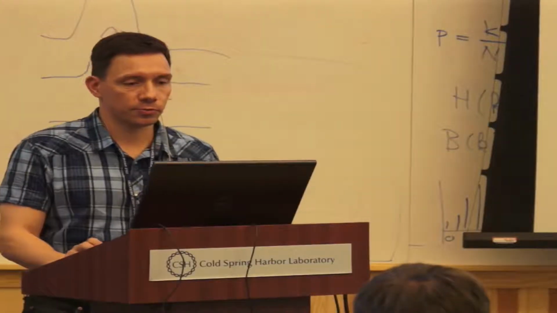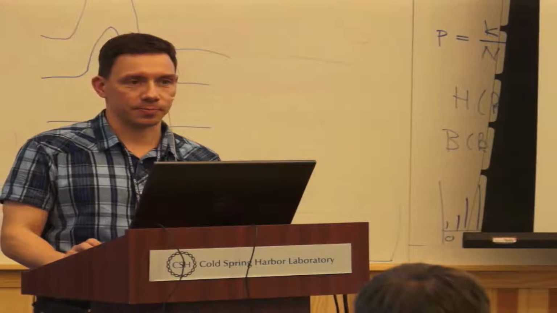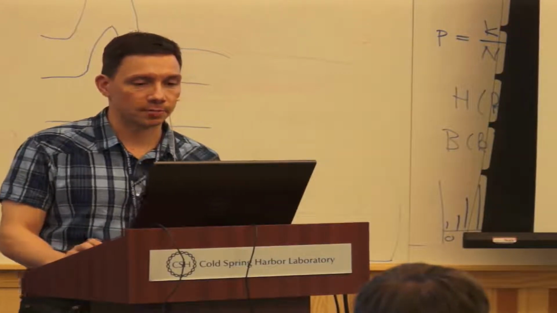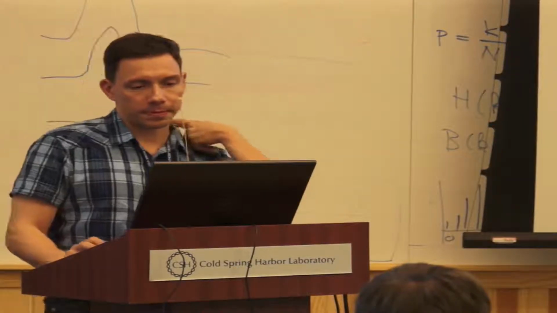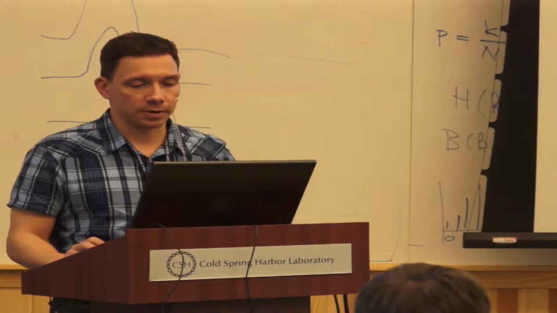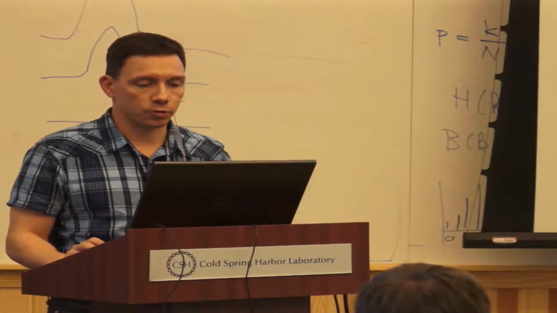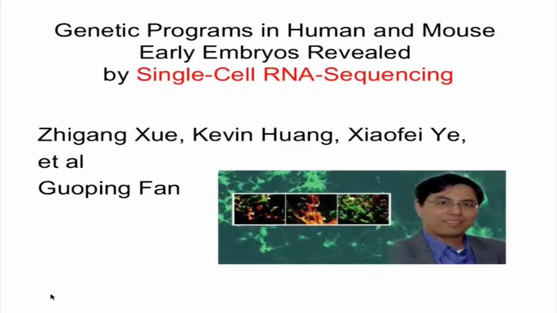Let me now come to another application that may be interesting to some of you. So this application was carried out by my colleague Guoping Fang, Kevin Huang, and many other authors. And they had a very precious data set where they used single-cell RNA sequencing, right?